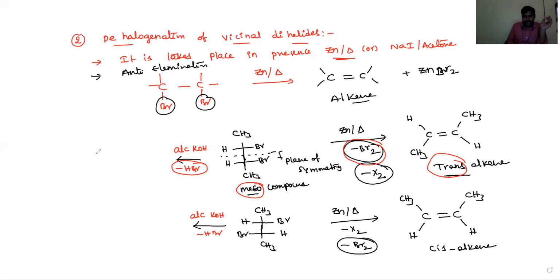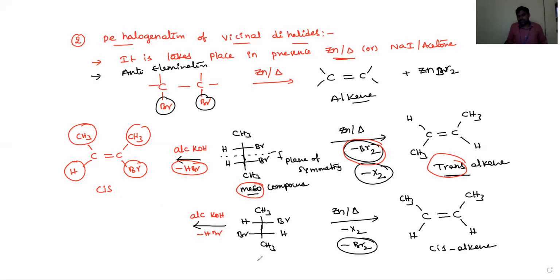Cis means both the CH3 groups are on the same side. Here only one bromine is removed, along with a hydrogen atom. Like this also exhibits geometrical isomerism. For geometrical isomerism, each sp2 carbon must have different groups. Here CH3 and H on one carbon, and CH3 and bromine on the other, so different groups are present, and both CH3 groups are on the same side. That's why it is called cis.